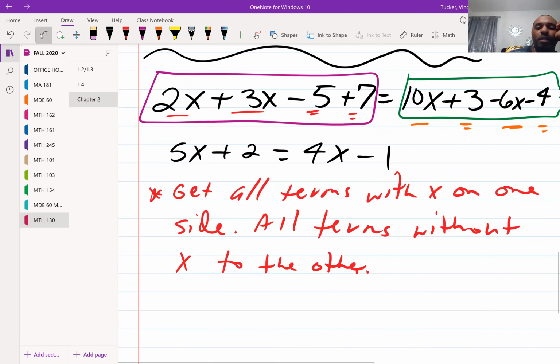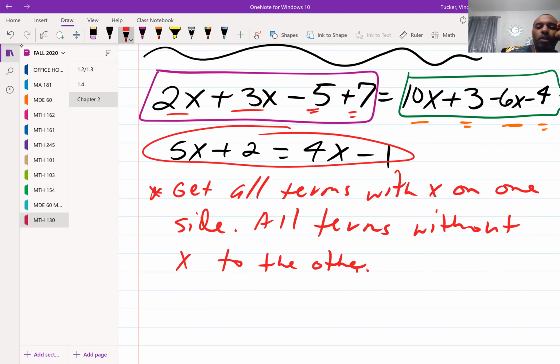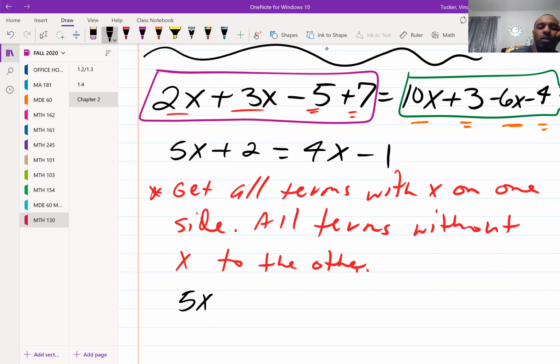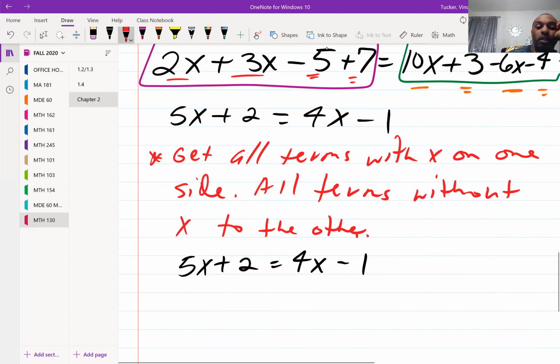That should be your mindset when you look at this. We have x in two different places. You want to get all of your terms with x to one side, all of your terms without x to the other side. You have 4 different terms here. It doesn't matter which one you move first, and it doesn't matter which side you take it to. As long as you do it correctly mathematically, you'll still get the same answer.